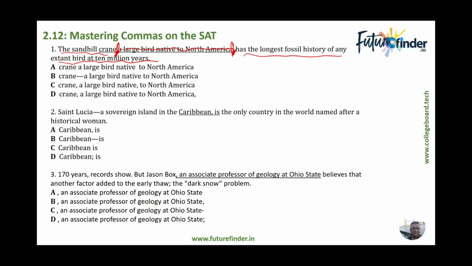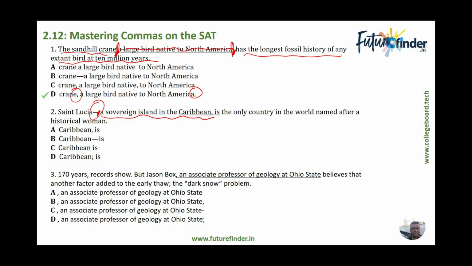So the correct answer to this one should be a D, when we have a comma to start with and a comma to end. Saint Lucia, a sovereign island in the Caribbean, is the only country in the world named after a historical woman. So again, we can see that a sovereign island in the Caribbean, we have to start with a comma, end with a comma.